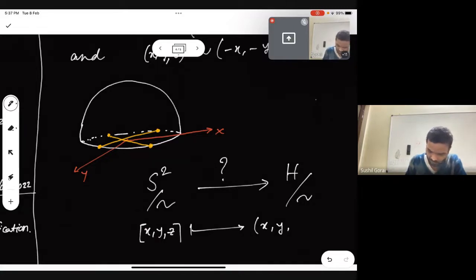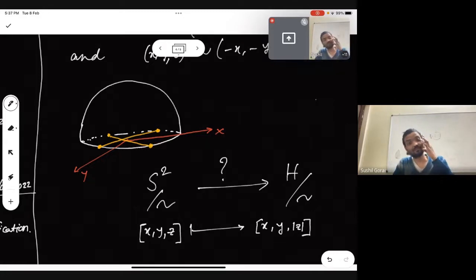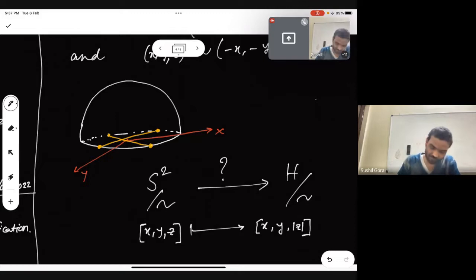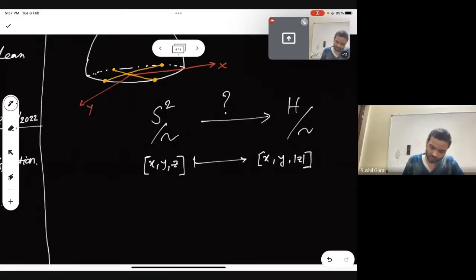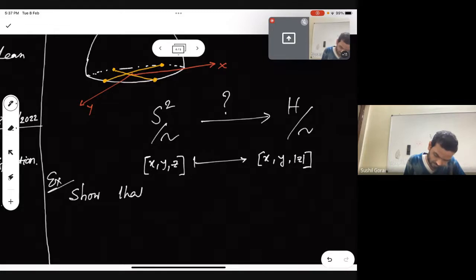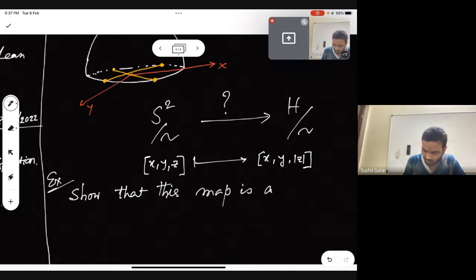The equivalence class goes to x, y, mod z, as you said. Exercise: this map is a homeomorphism.